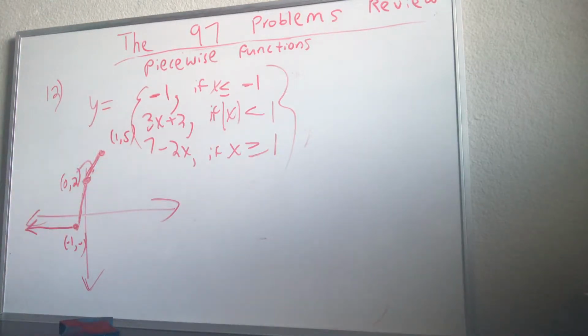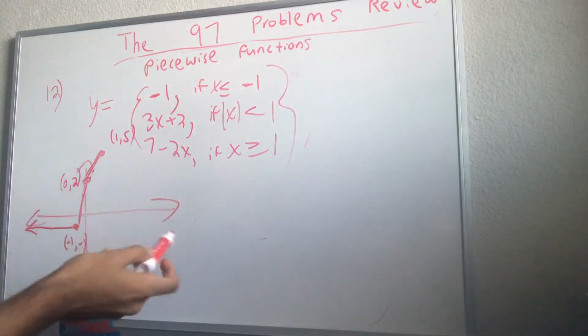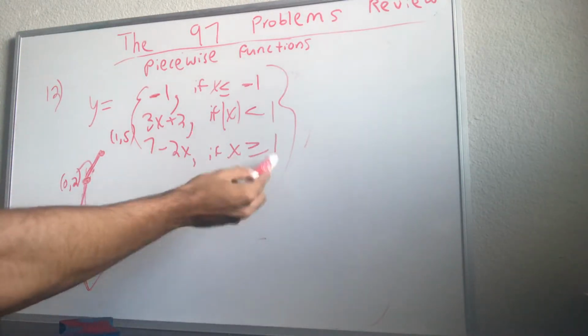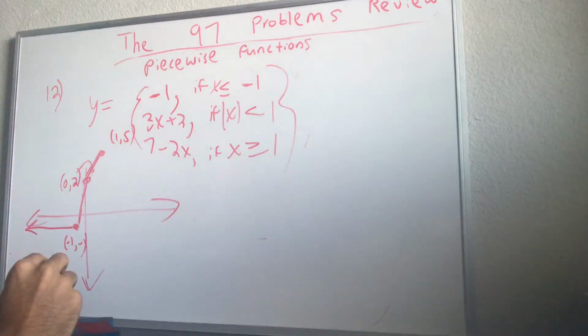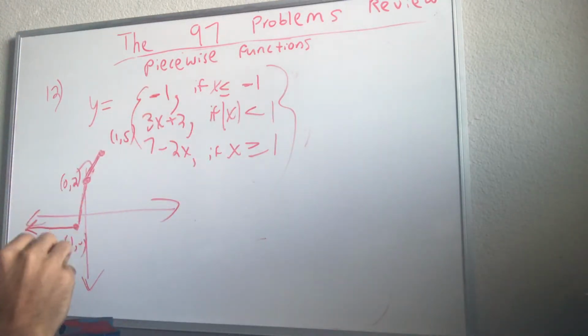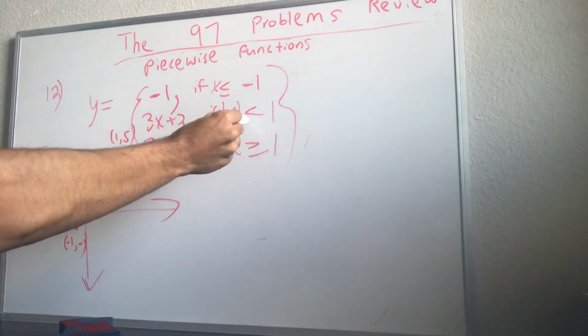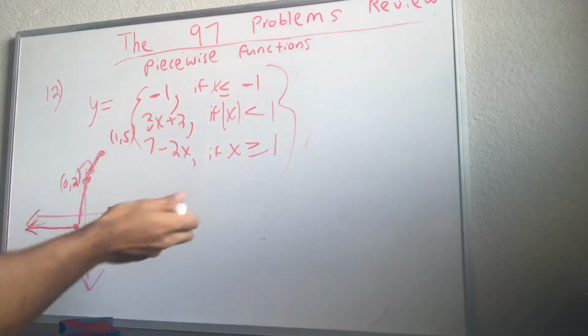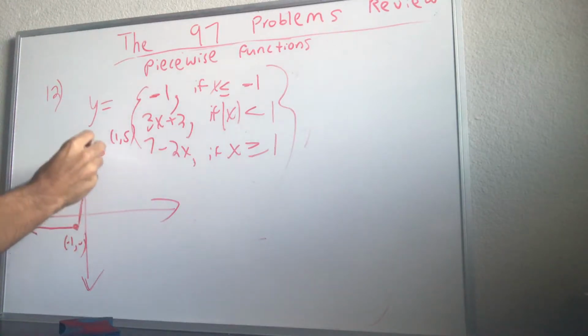At times, when you're not sure, there may possibly be a hole. So you may want to check. Even though I know we're really talking about this restriction when I substitute 1 in, it's always good to substitute 1 into this other piece as well, although obviously it doesn't say that it's equal to 1. You still substitute 1 in, and you see that it's 5. So it still satisfies it.